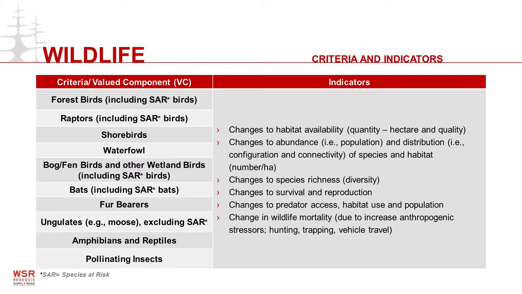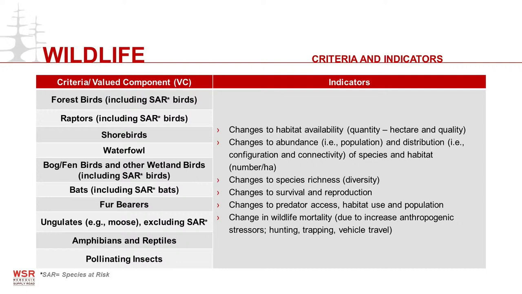So, for example, for caribou, there are certain areas that are considered very high quality as caribou habitat because of maybe the mix of vegetation in those areas. It might be a nursery area, or an area that's a little bit more remote and less accessible to predators. So that's an example of habitat availability, quality and quantity.